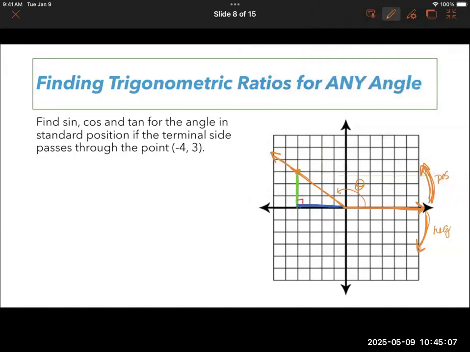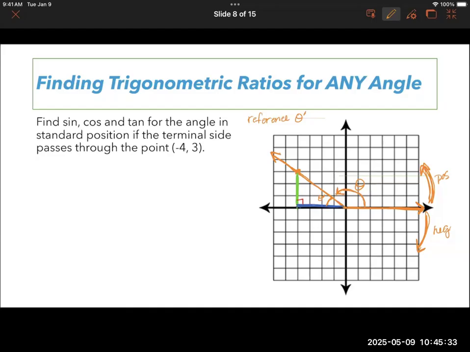Inside of this triangle, this angle right here is what we call a reference angle. A reference angle is often denoted by a little prime mark after it. So if I'm calling this original angle theta, then my reference angle is going to be theta prime.